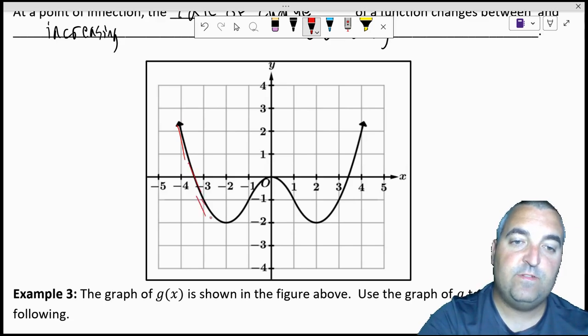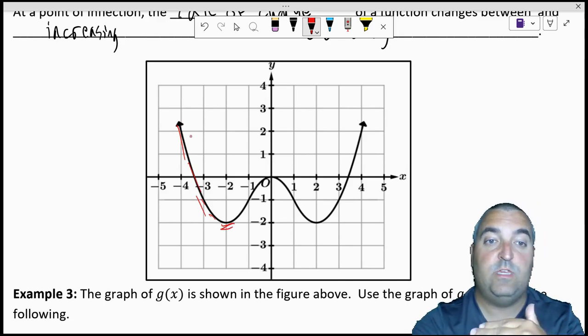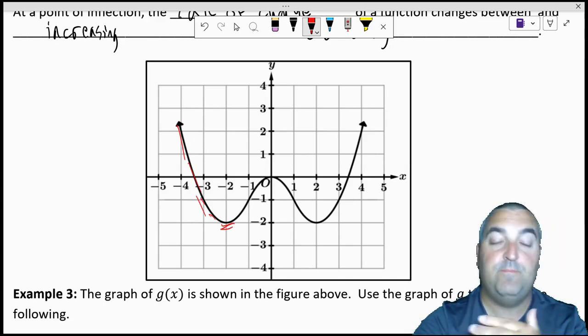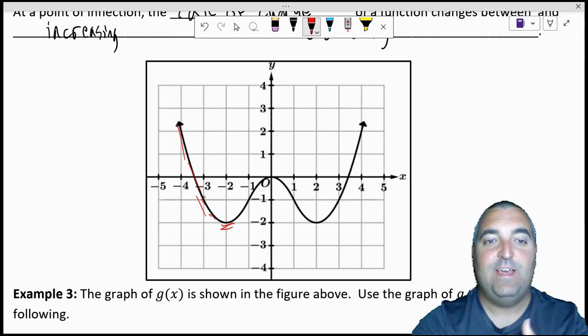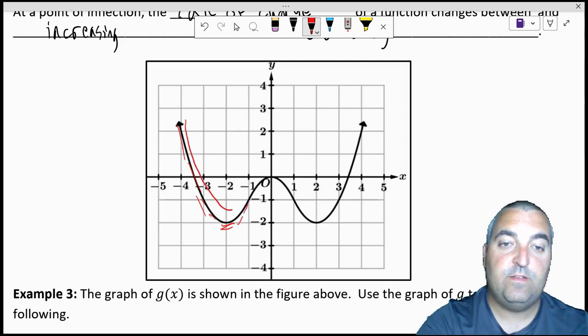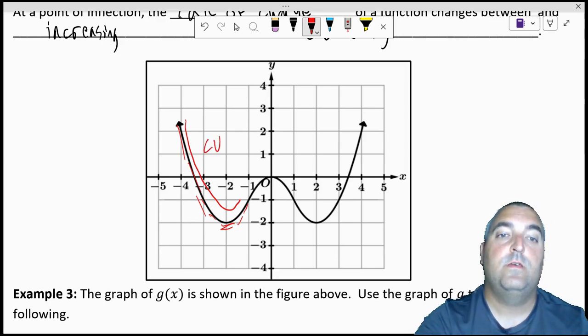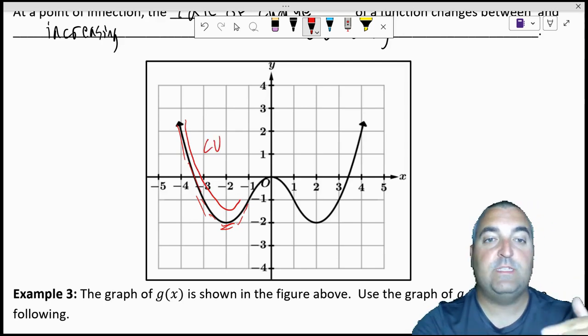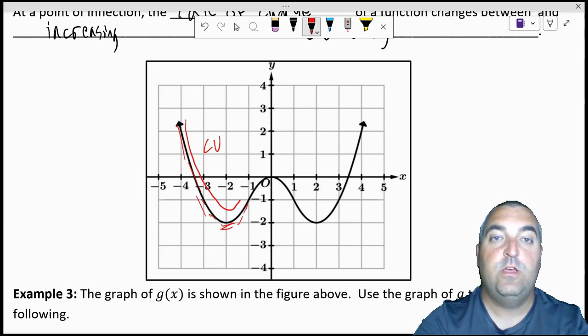We have negative tangent lines, and then eventually it's going flat to zero. So here we're increasing, because we're going from negative to positive, and then we're going up. That means this section of the graph is concave up because it's an increasing rate of change.